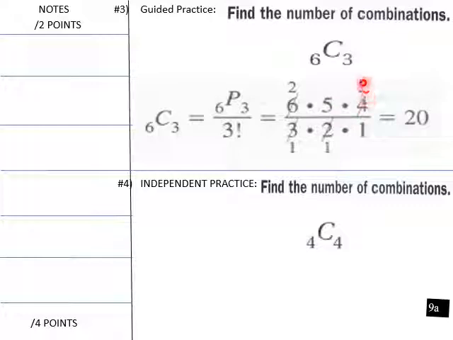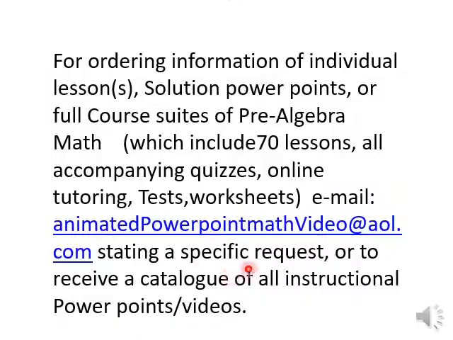They factor this and leave a 2, and then they factor this out, which leaves a 2. So we have 2 times 5 times 2, which is 20. Students, this is yours here. And that is 11.7. Part 1, Part 2, Part 3 is available at that email. Email me, I'll get those out to you. Thank you.